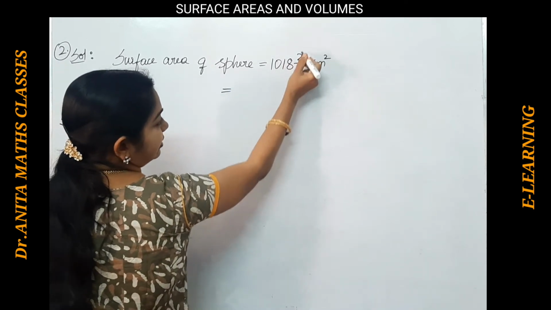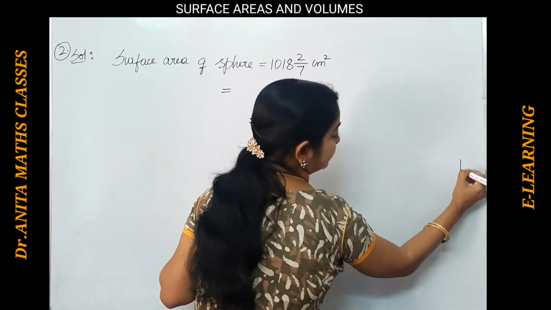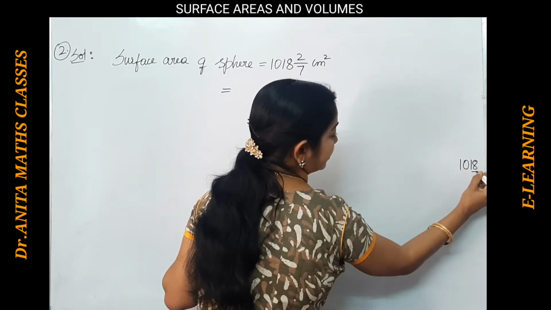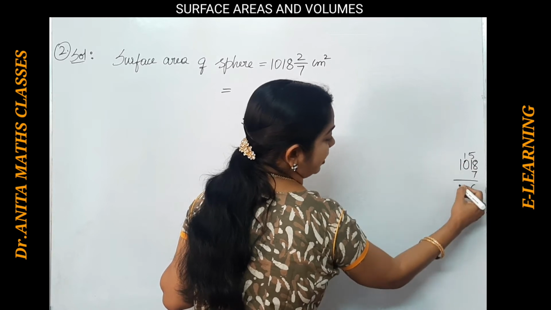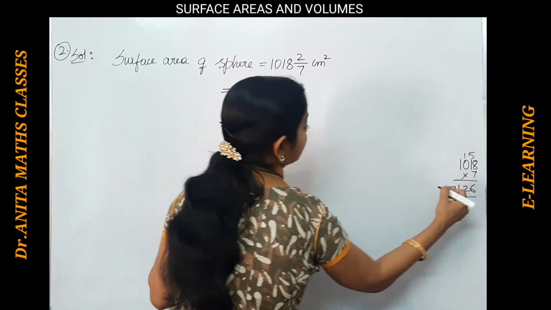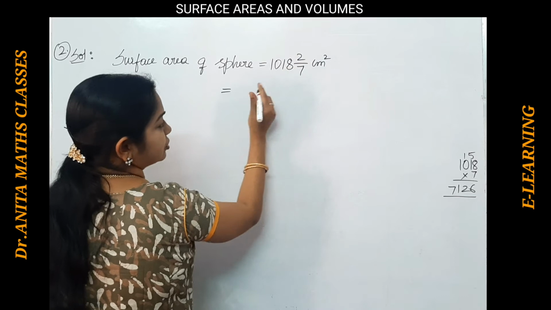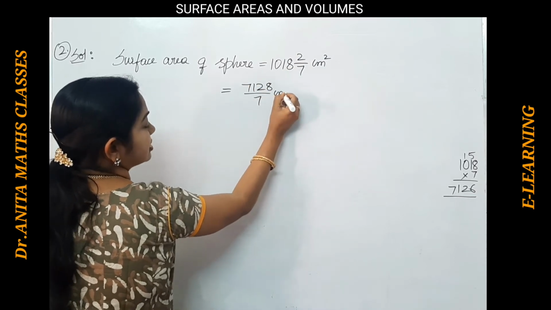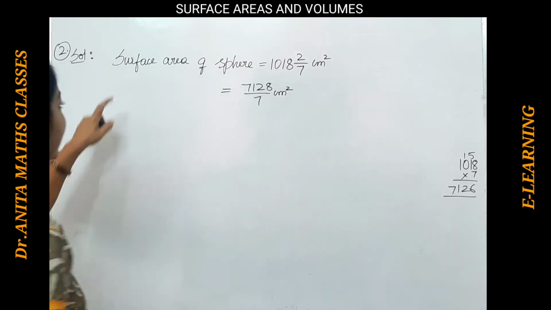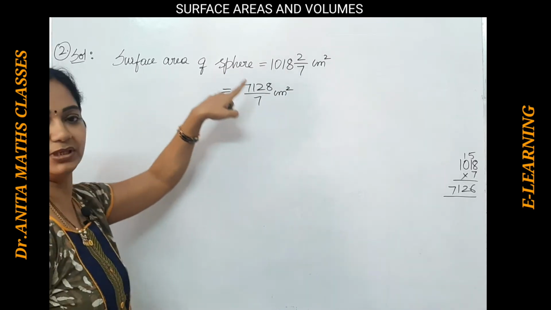Just multiply and then add. So we'll do the multiplication here. 7 1s 7, 7 5s 35, 7 1s 7. So we have to add 2. So 7128 upon 7 centimeters square. This is a mixed fraction, surface area of the sphere given.